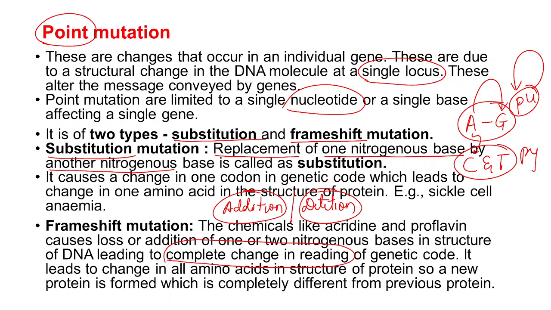So that is called frame shift mutation. What is frame shift mutation? It is a type of point mutation in which the complete sequence of the amino acids which will be produced, or the complete nitrogenous base sequence of that particular gene, will be altered.